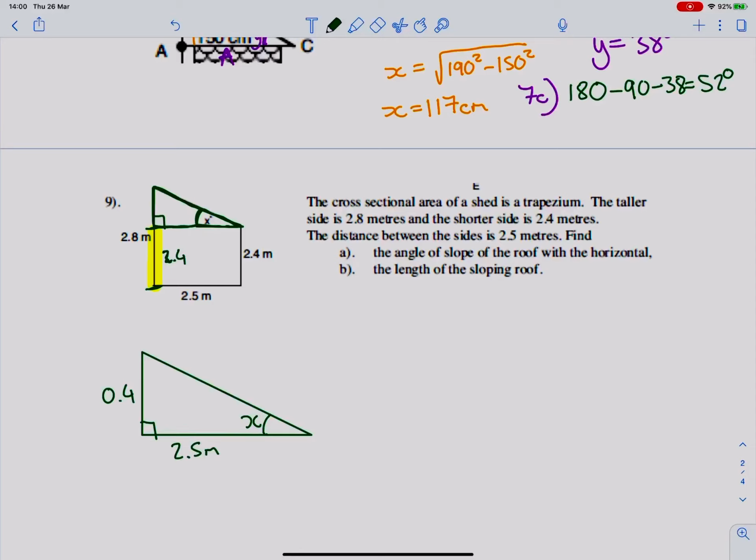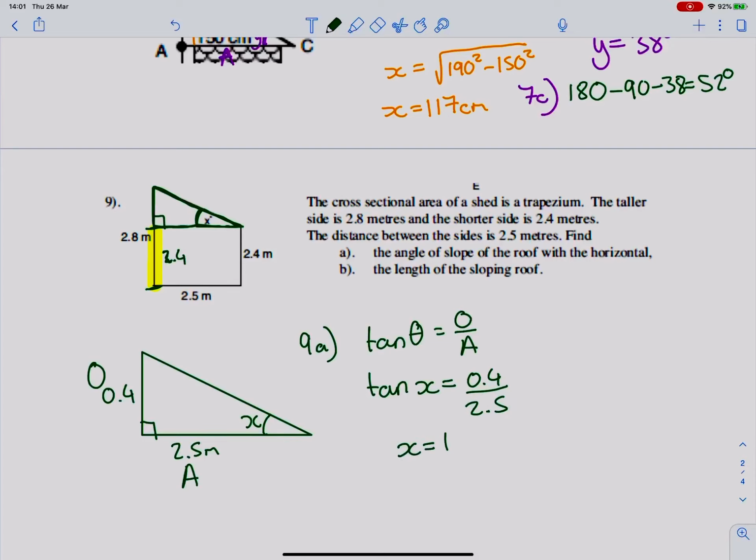Now we've got a triangle, we can just do the normal trigonometry that you're used to. Across from the angle, that's the opposite. Next to the angle is the adjacent. So with O and A, you're using tan. For 9A, tan theta equals opposite over adjacent. So tan of x equals opposite 0.4 divided by adjacent 2.5.